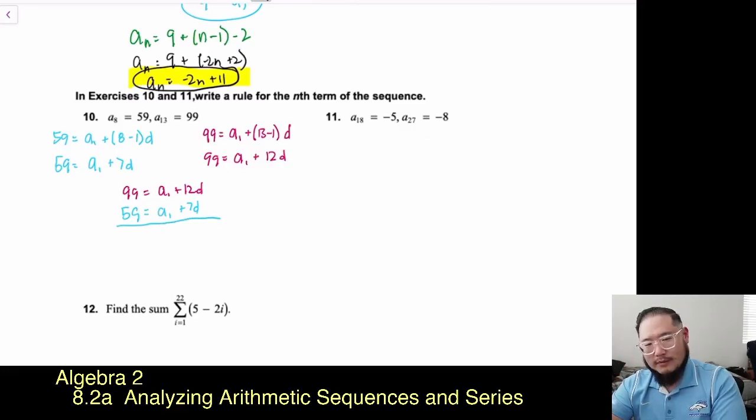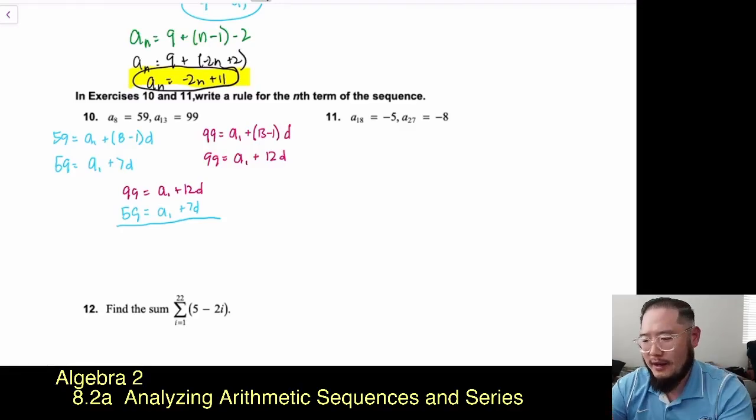We've got several things that we've learned so far in this school year, and even in Algebra 1. I'm going to use the addition method to try and get one of the variables gone, and that variable is a sub 1.